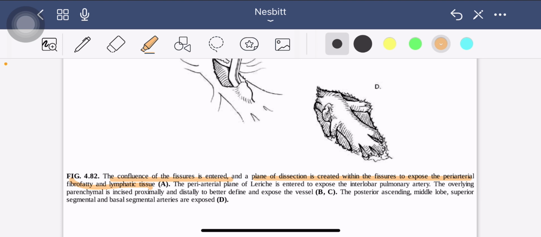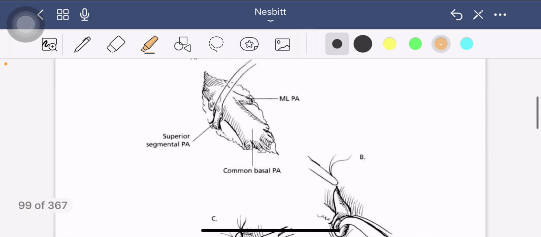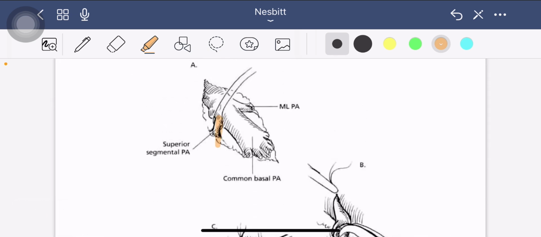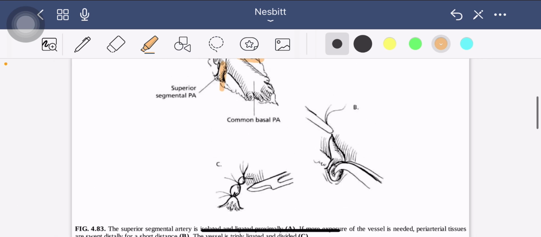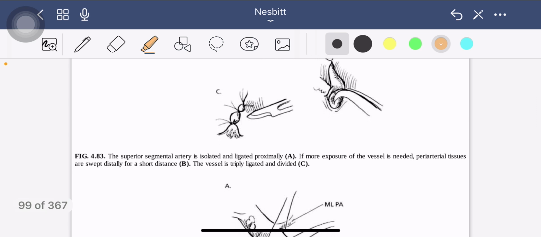The periarterial plane is entered to expose the interlobar pulmonary artery, and the overlying parenchyma is incised proximally and distally to better define and expose the vessel. Posterior ascending, middle lobe, superior segmental and basal arteries are exposed. So this is the superior segment pulmonary artery, that is the middle lobe pulmonary artery, and the common basal pulmonary artery.